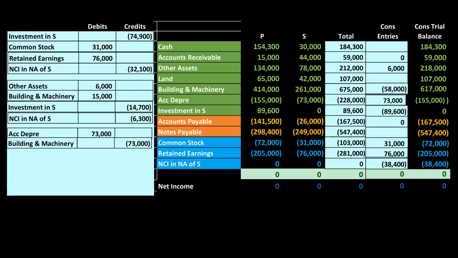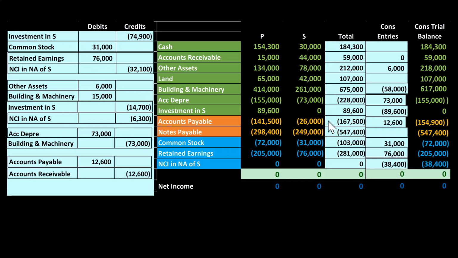The net capital or equity will be okay, but overstatement of assets and liabilities, therefore we remove those and we'll simply debit the accounts payable, reducing the accounts payable, credit the accounts receivable, reducing the accounts receivable.